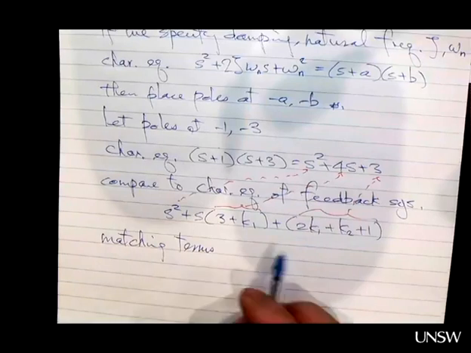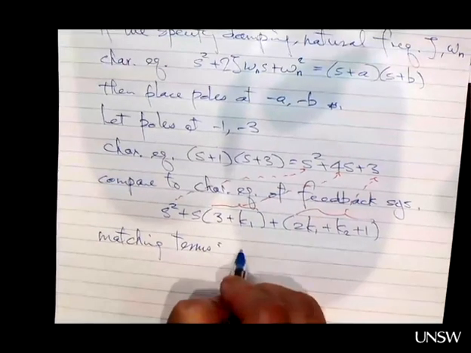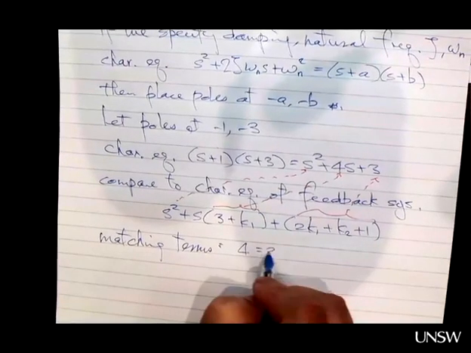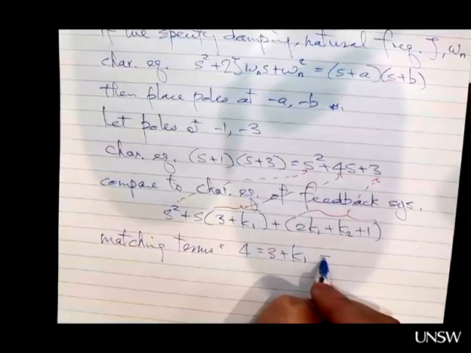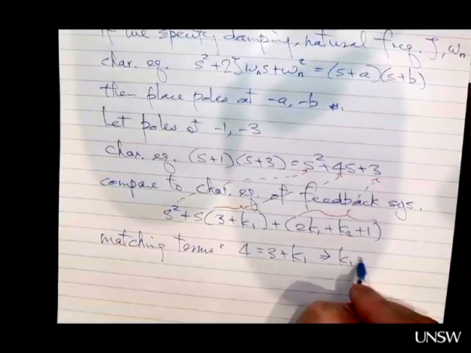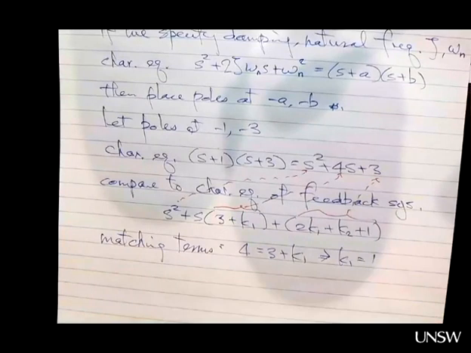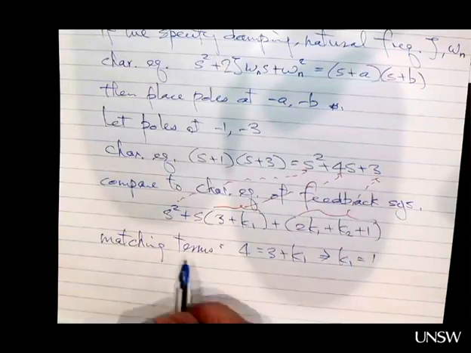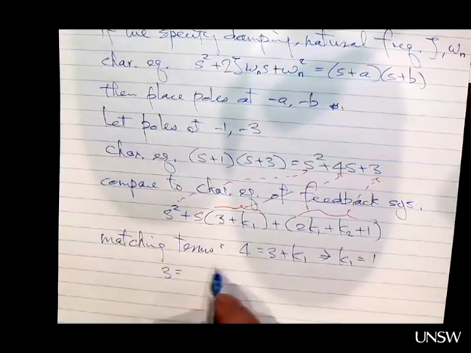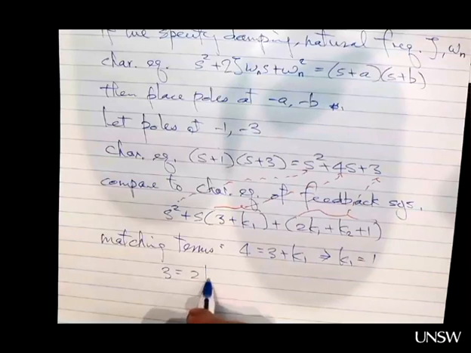Matching terms, we have 4 equals 3 plus K1. Then we have K1 equals 1. And then for the second part, we have 3 equals 2K1 plus K2 plus 1.